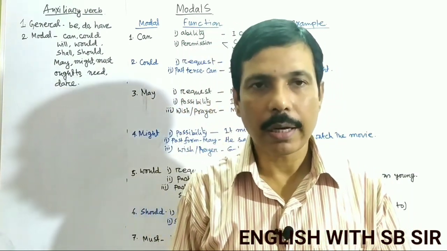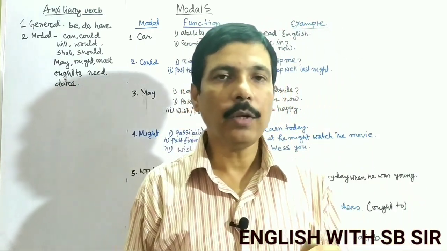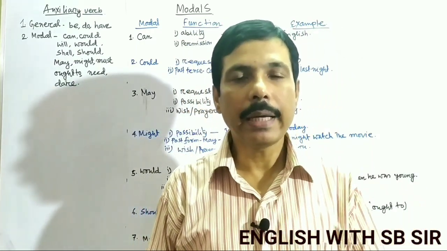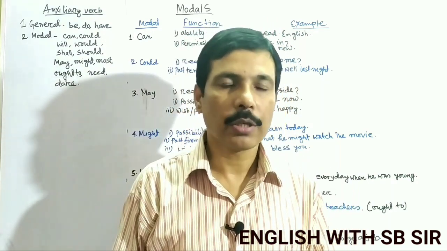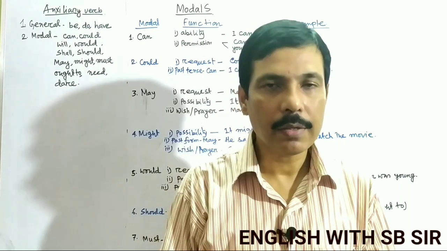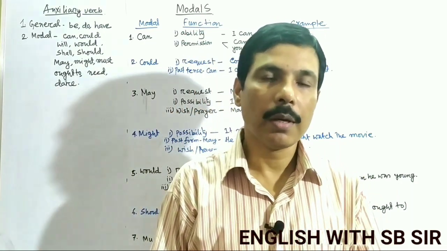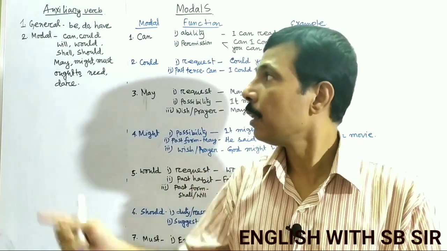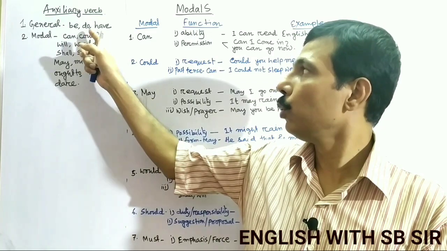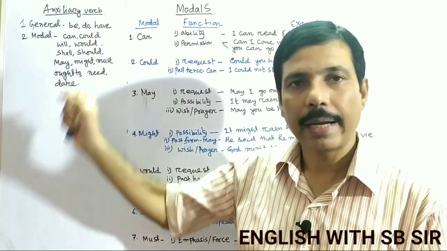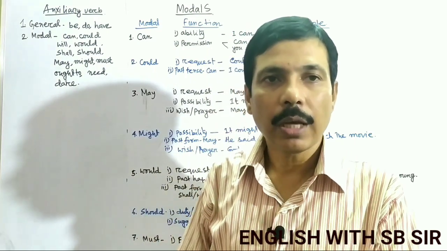But after modal auxiliaries, I can do it, he can do it, not he does it. So after modal auxiliaries only the main form or infinitive form of the main verb is used, but after general auxiliaries am, is, are, was, were, be, been, do, did, does and have, has, had, the main verb can change.